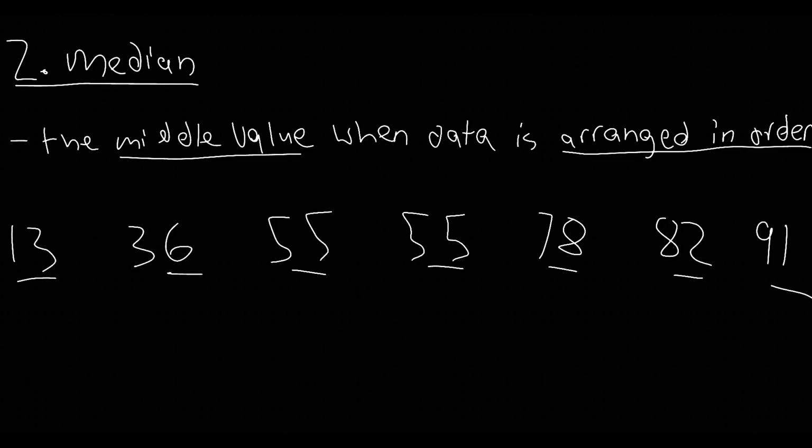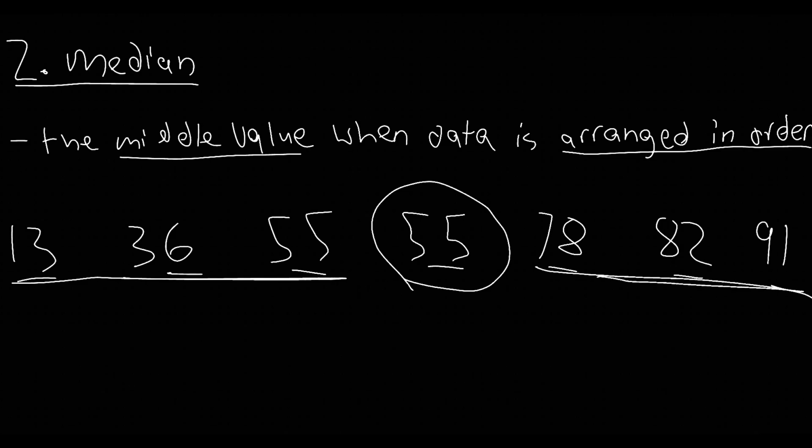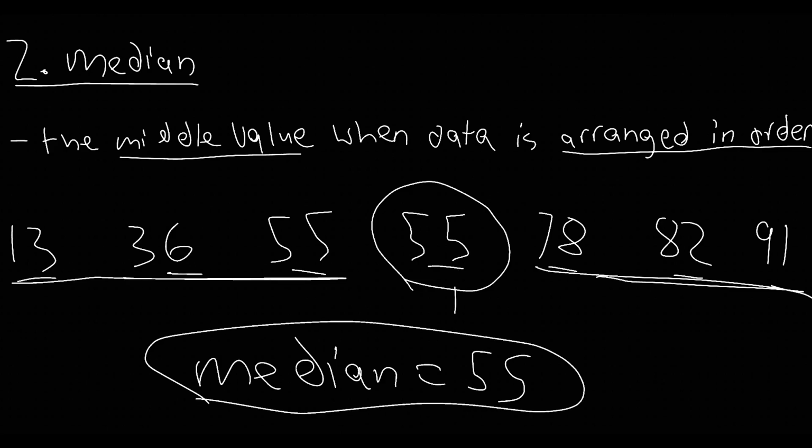I can see that this 55 is in the middle, because on one side I have 3 numbers and on the other side I have 3 numbers. So 55 is my middle value, and therefore my median is 55. That is my final answer.